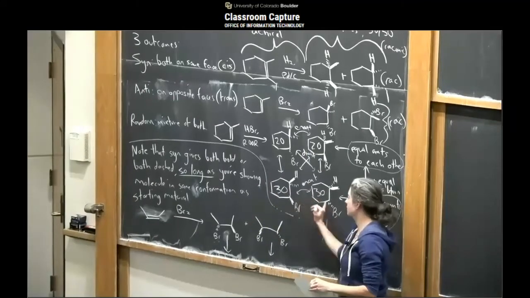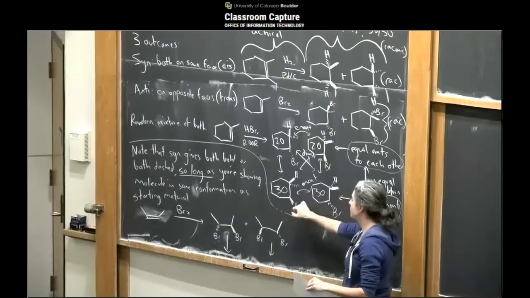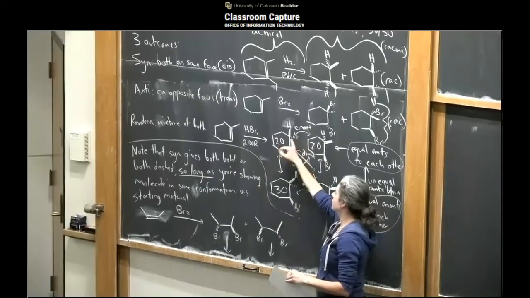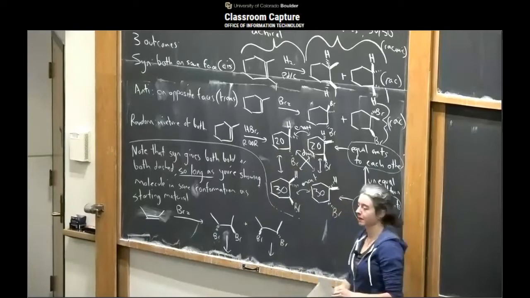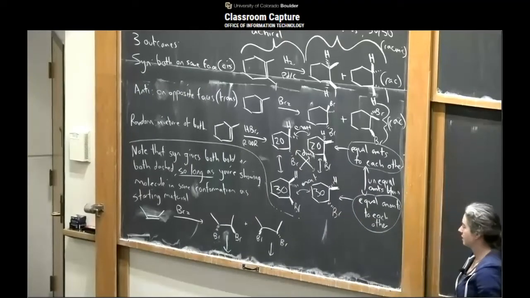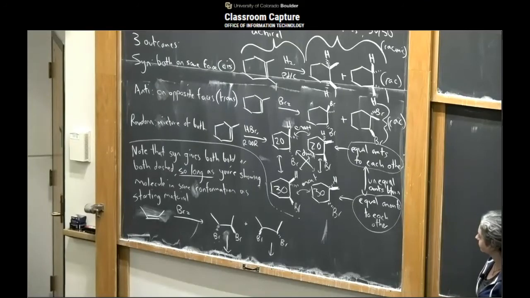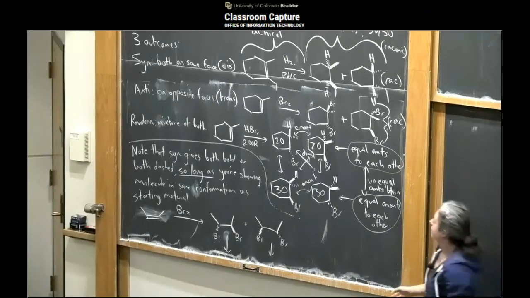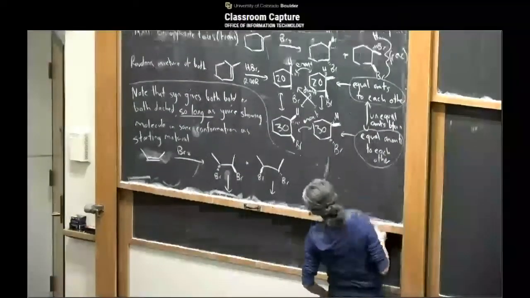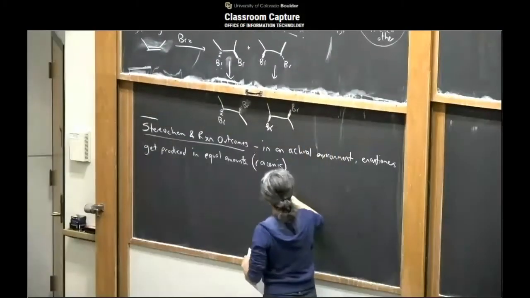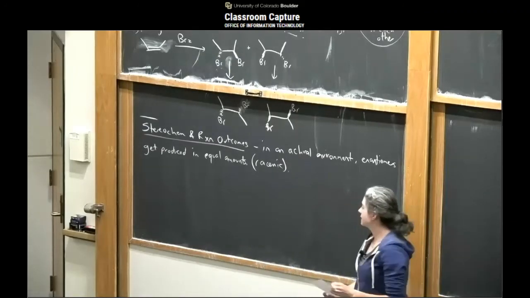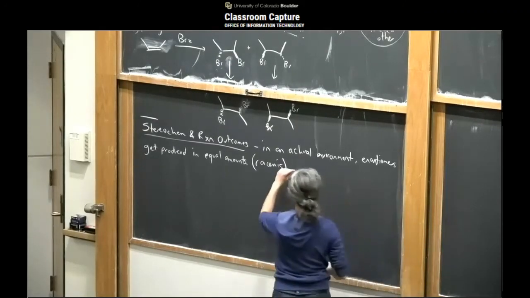These two are still getting produced in equal amounts because they're enantiomers, but those amounts are different from the two equal amounts getting produced up here. I have no idea what the actual numbers are. That's just an example. So that takes me back to this: if they're diastereomers, they get produced in unequal amounts.